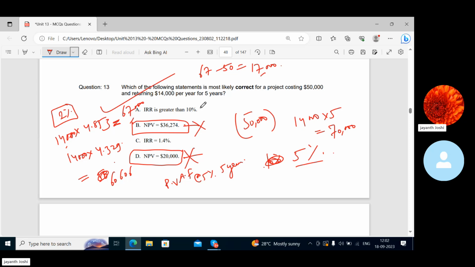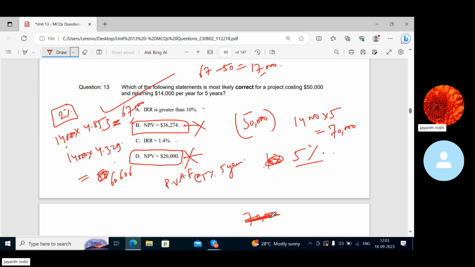Now IRR is greater than 10%, IRR is equal to 1.4%. That we need to ensure. So what we understood is 70,000 is the total inflows undiscounted, right? 20,000, however, we are getting less than 20,000 only.